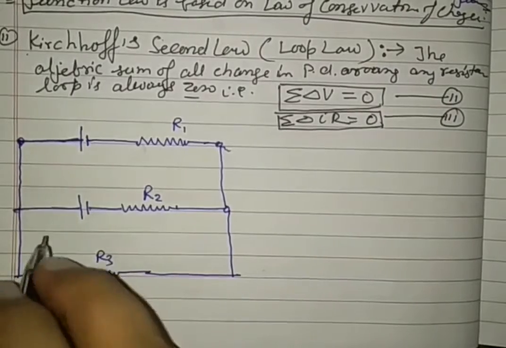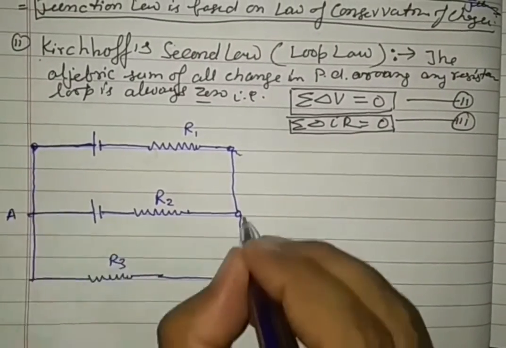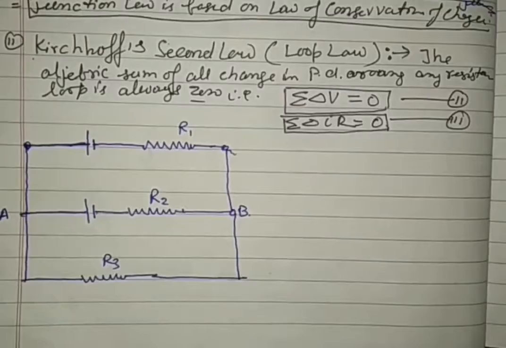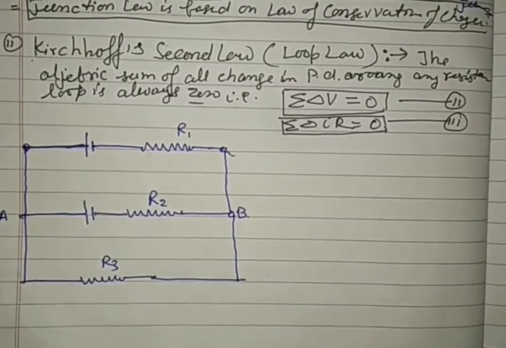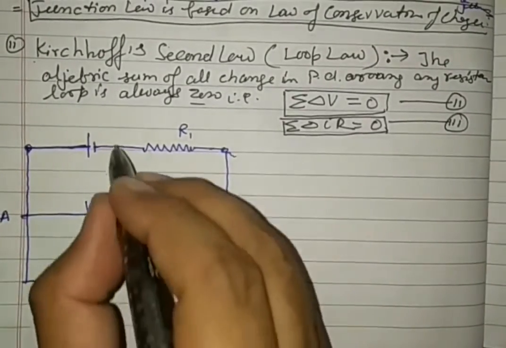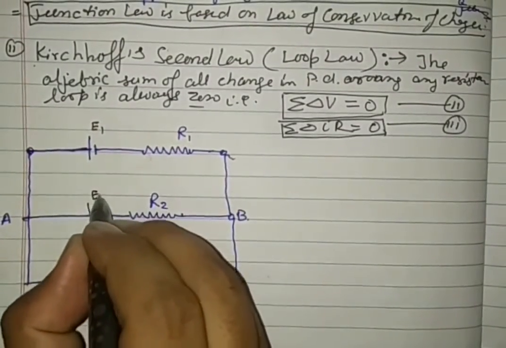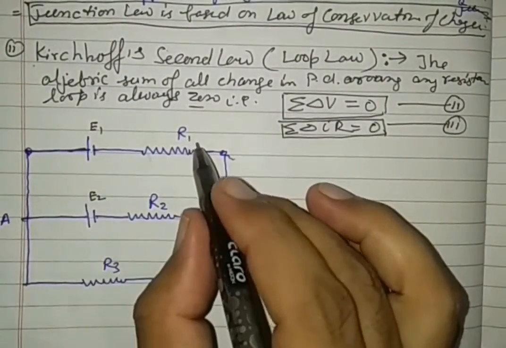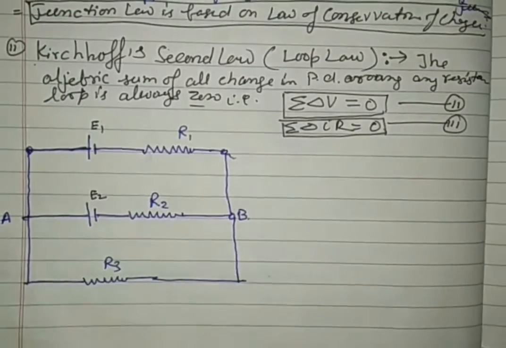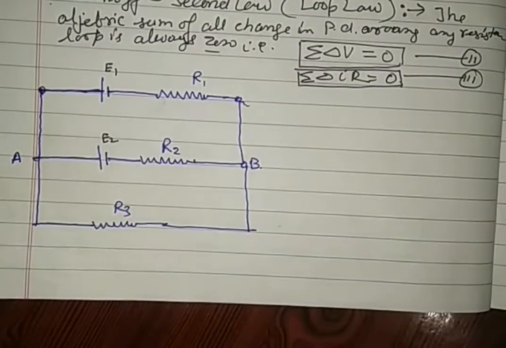This is point A and this is point B. Now see two cells which have EMF E1 and E2. Three resistances R1, R2 and R3 are connected. Right?